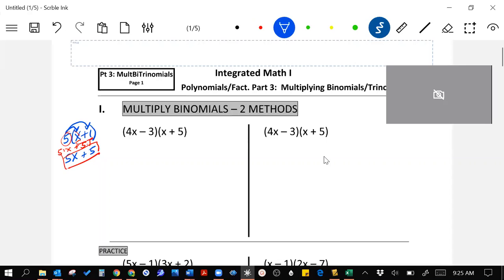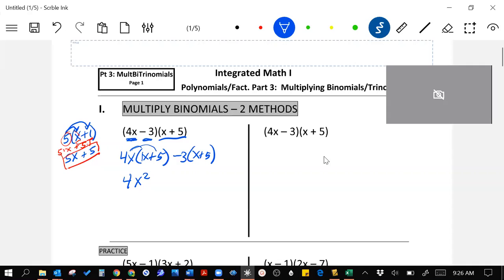Well, in this case, we have this 4x that is going to multiply to the x plus 5. So it's 4x times the x plus 5, and then it's the minus 3 times the x plus 5. That's the concept you're going to do here. You're going to do 4x times x, which is 4 times x squared, because there's a 1 in front. So 4 times 1 is 4, and x times x is x squared.